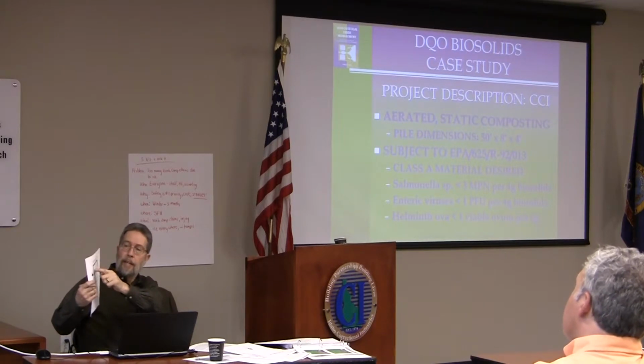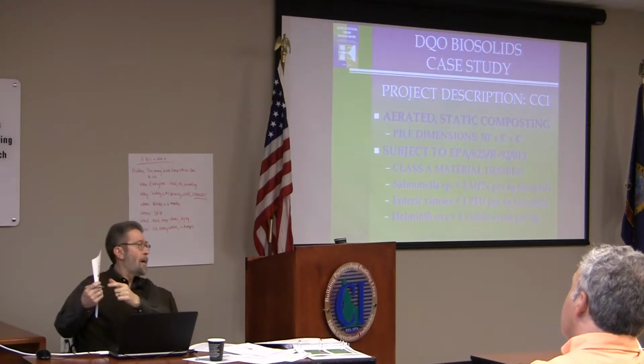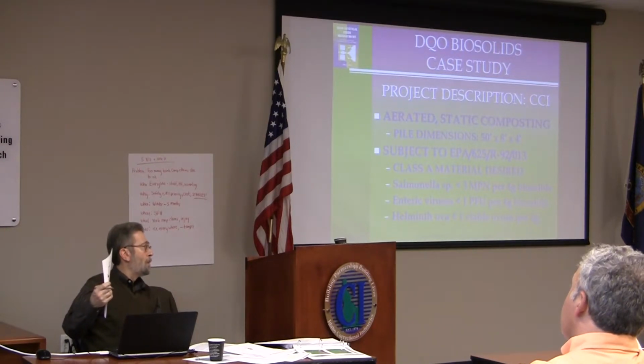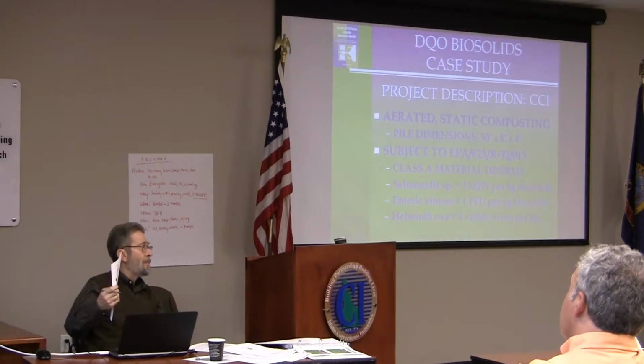We can see that, you know, inside it's all cooking, but we do know, for instance, that on the edges, especially at the bottom, things can be cooler. So we want to be measuring there. That's going to be part of our DQO process. We're assuming the central core is going to be the hottest. Okay, but as we mentioned, if there's not the right conditions, there could be issues there.